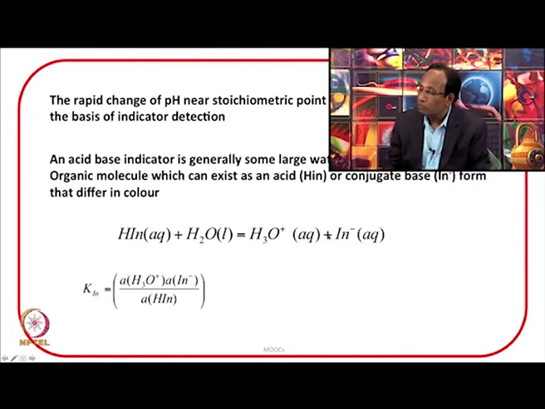Let us write down the equilibrium constant for this, Kin, which is the activity of hydronium ion into the activity of the indicator in the negatively charged form over the activity of the indicator in the weakly acidic form, and take the logarithm and express this logarithm ratio of log HIN by IN minus as pKin minus pH. This relation can be obtained by manipulation of this. And now I can use this relation for further discussion.